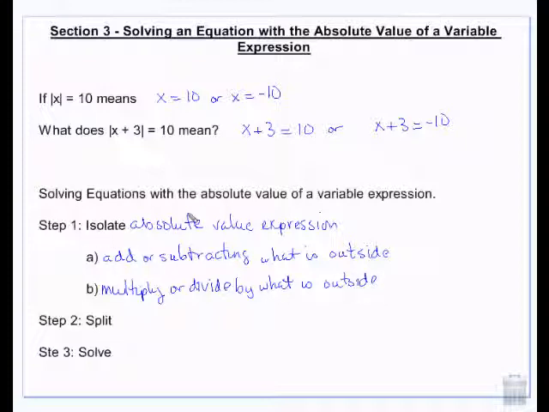After we've got that absolute value expression by itself, so it looks like this, we have to split the expression into two equations. So we split our current equation.